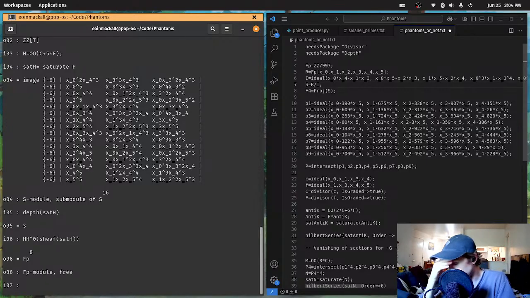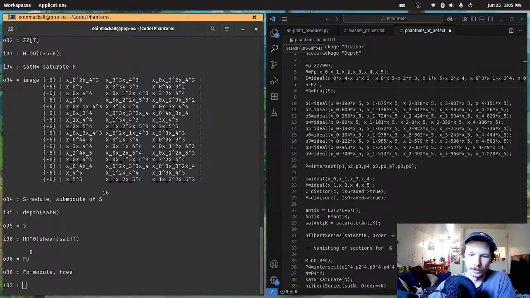I mean, this is actually something that we could compute without having to rely on Macaulay2. It might even just be available in Hartshorne's book.